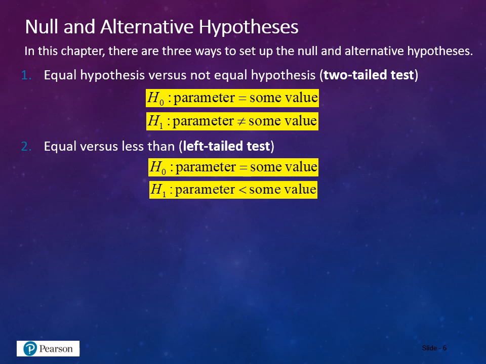Equal versus less than. This is called a left-tailed test. Here, again, the parameter is some value, and then our alternative hypothesis is that it's less than that value. So using that same example, the average income for adult Americans is $65,000. The alternative hypothesis would be the average income for adult Americans is less than $65,000.